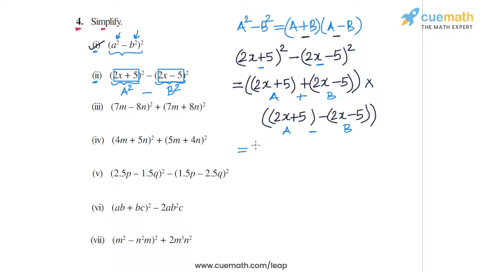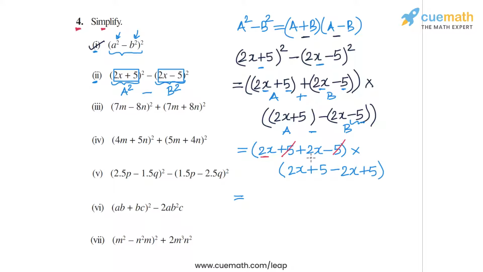From the first bracket a + b, we will get 2x + 5 + 2x − 5. So let's open the brackets. (2x + 5 + 2x − 5) into, from the second bracket we will get 2x + 5, and then we have minus of (2x − 5), which will become −2x + 5. The sign of −5 will get inverted as +5. So now from the first bracket, we have 5 and −5 cancelling out.